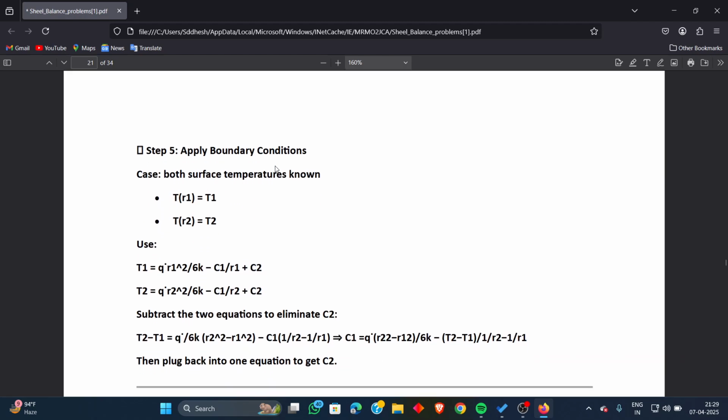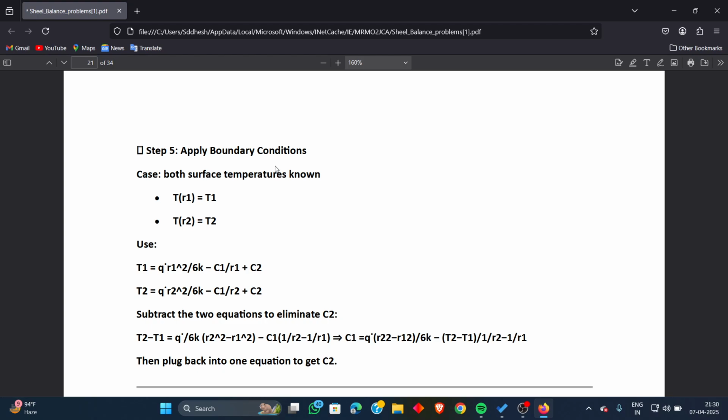Applying the boundary conditions, case both surface temperatures known, T(R1) is equal to T1, T(R2) is equal to T2. Use T1 is equal to q dot R1 square by 6K minus C1 upon R1 plus C2. T2 is equal to q dot R2 square upon 6K minus C1 by R2 plus C2.